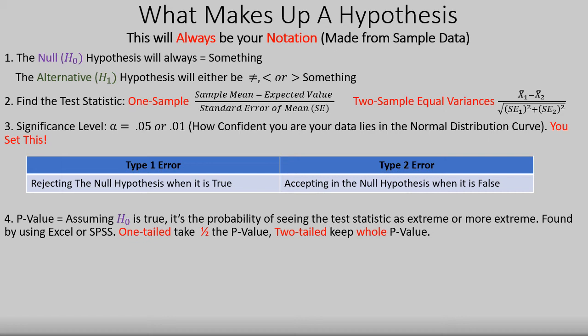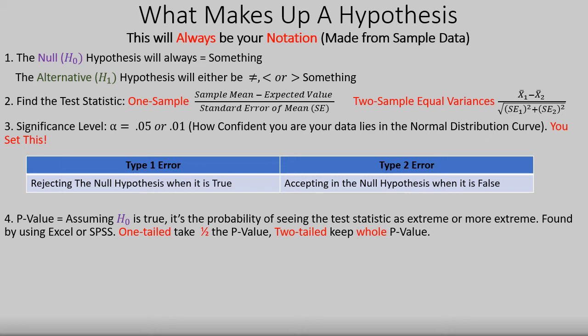When you're running a one-tailed test, you are looking at 1/2 of that bell curve. So it makes sense that you need to divide your p-value in half to be representative of the test you're running. Whereas if you're doing a two-tailed test, you're looking at the entire curve, and that is when you leave the p-value alone.